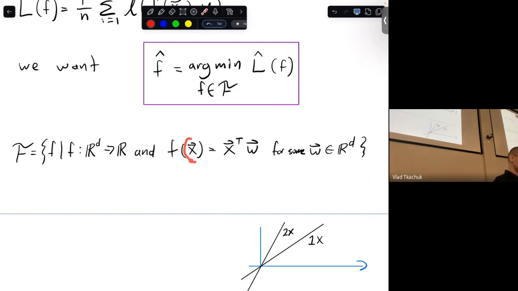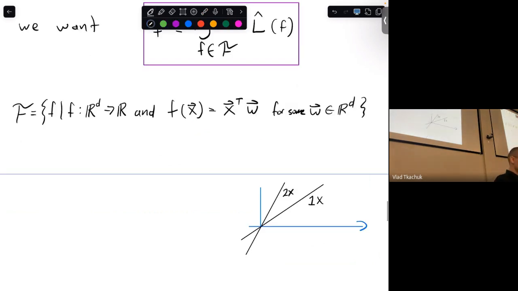Okay, and clearly we know where x is coming from. This is the domain of x. Okay, beautiful. So the important property now is that every f in this function class has a w vector associated with it, and you can do this one-to-one mapping.